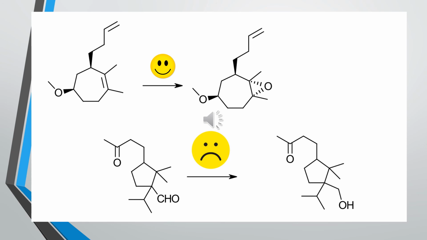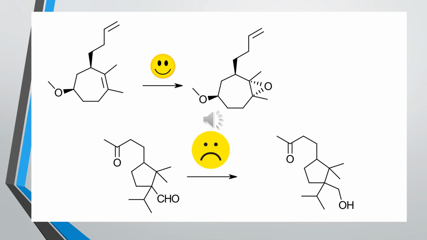That's not difficult to do. Not only that, you do achieve stereoselectivity because the epoxidizing agent comes in from the face of the alkene which is away from the chain.